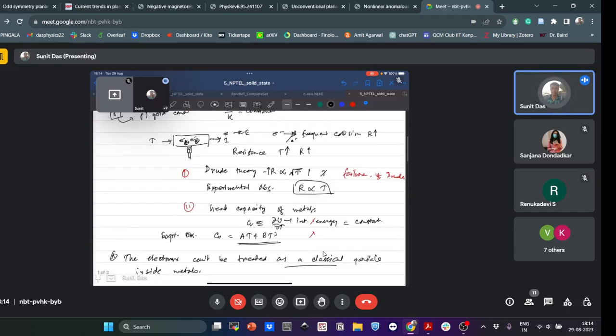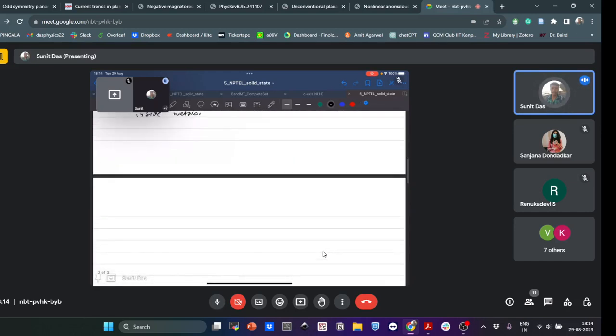Also, all of this classical theory assumes that electrons in metals obey Maxwell-Boltzmann statistics.